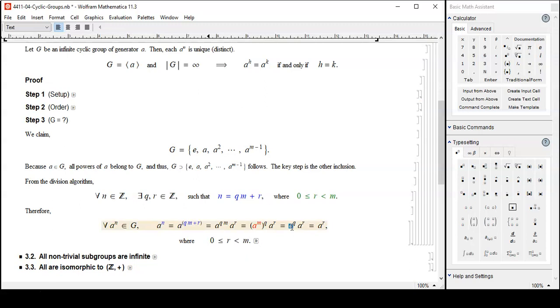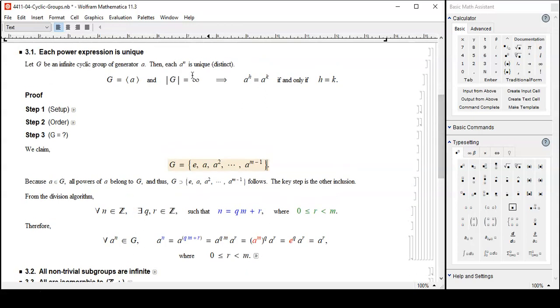So e to the q power, which is e, yeah, we have a to the r power. So everything boils down to a to the r power, and r is always between 0 and m, so these will cover everything. Consequence, we have the equality, so G is actually a finite set.